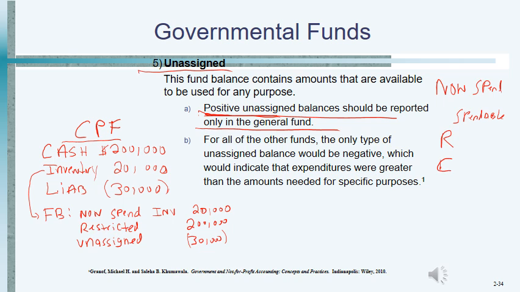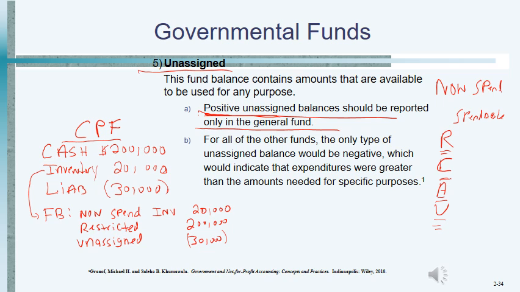Spendable Raquel. And spendable Raquel spends his money on whatever he wants. Okay, spendable Raquel. I know it's dumb, and it's so dumb that you remember it, and that's why it's good. So we had what? We had restricted, we had committed, we had assigned, and we had unassigned. Spendable Raquel. It's so dumb you can't forget it, right?